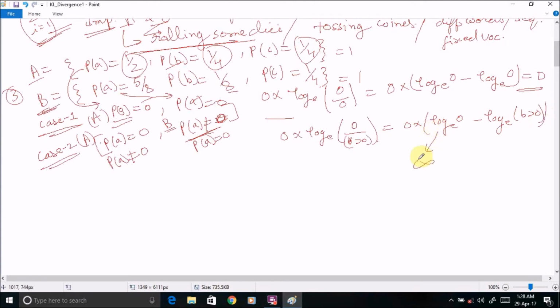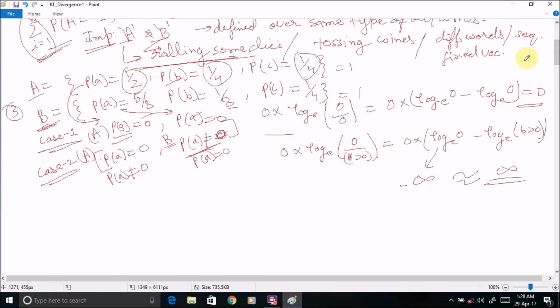This part will be equal to minus infinity. So the entire divergence will be equal to something like infinity. So computation may not be possible in such cases. How do we solve the computation problems in such cases?